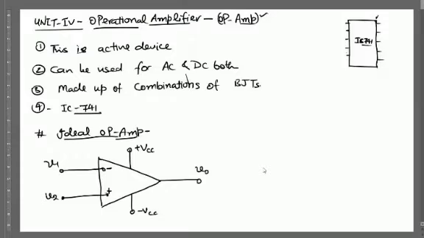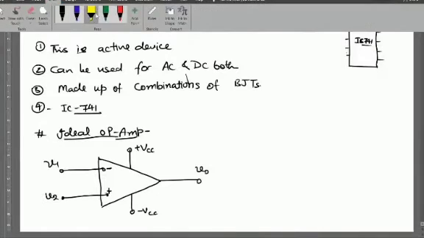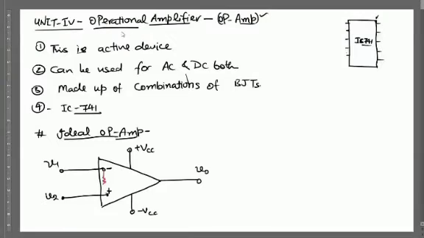And if we draw the circuit diagram for the ideal op-amp, one resistance, this is known as Rin, one output resistance, and this is a voltage dependent voltage source, plus minus, ground.